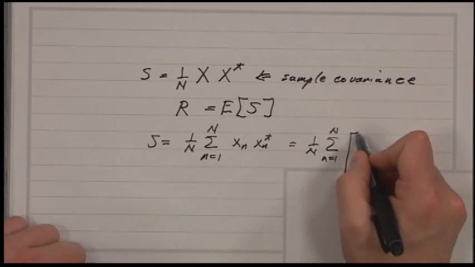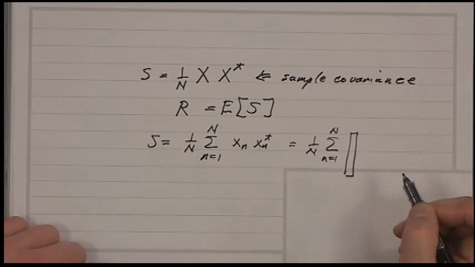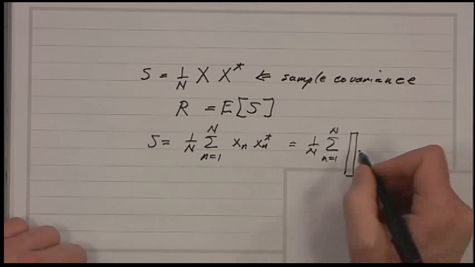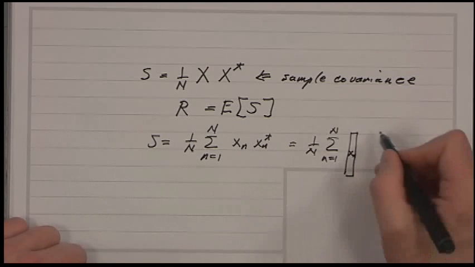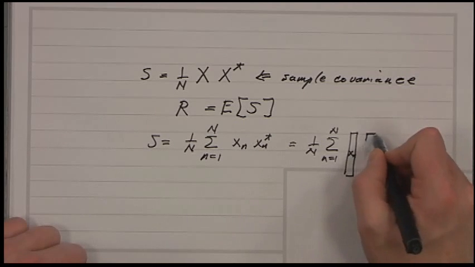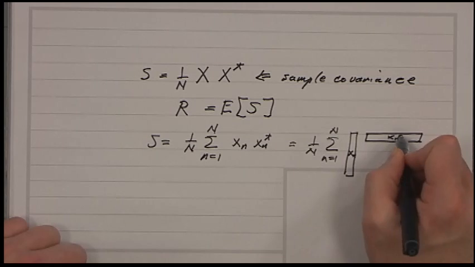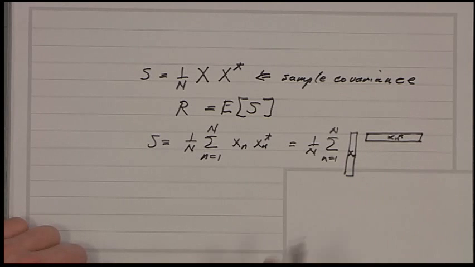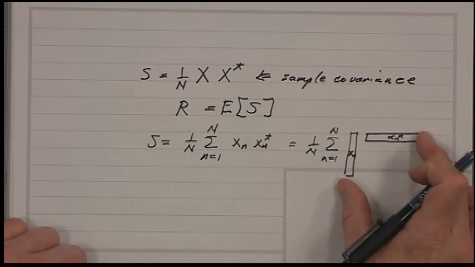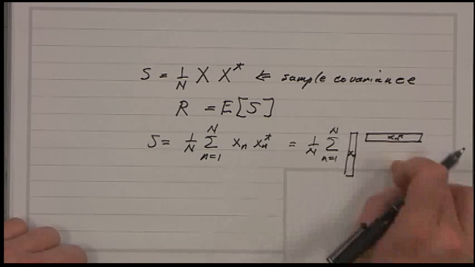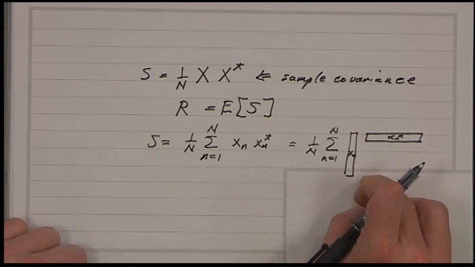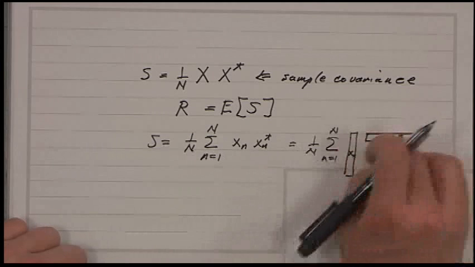This is a tall, thin column vector of width 1, and this is Xn, and this is Xn transpose. That's sometimes referred to as an outer product. And each element of that matrix is the product of the corresponding elements, okay?